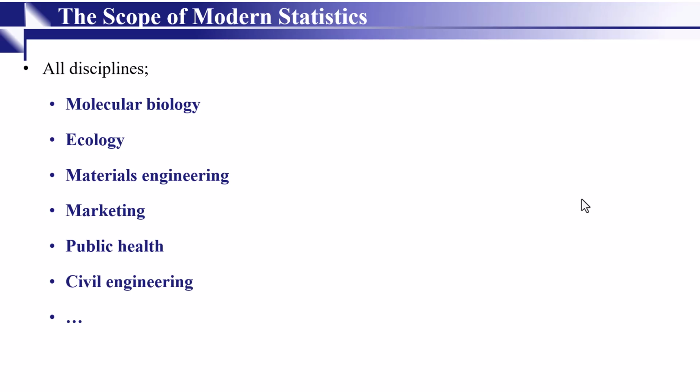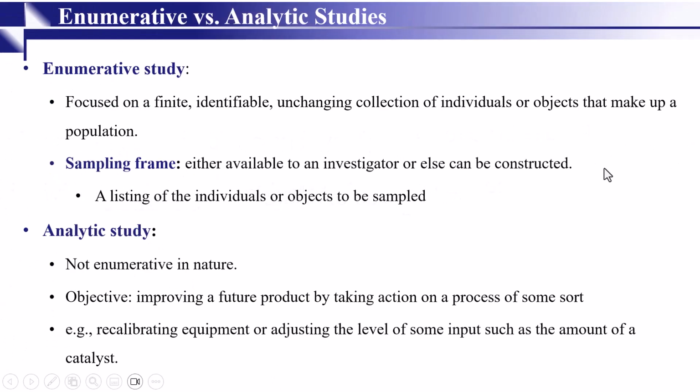In marketing, it is used for designing market surveys and developing strategies for new product marketing. In public healthcare, it is used for identifying disease sources and evaluating treatment methods. In civil engineering, it is used for assessing structural stress effects and analyzing traffic flow impact on communities, and many more. So we can say the scope of modern statistics is very wide.